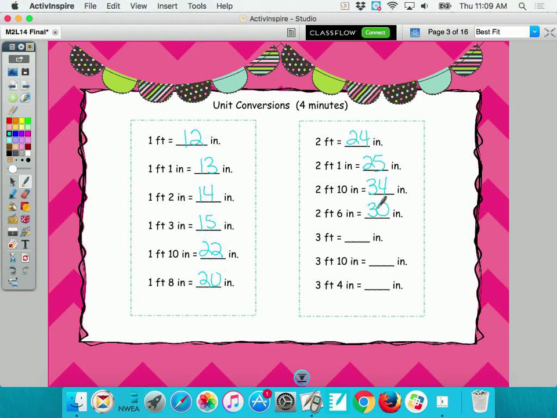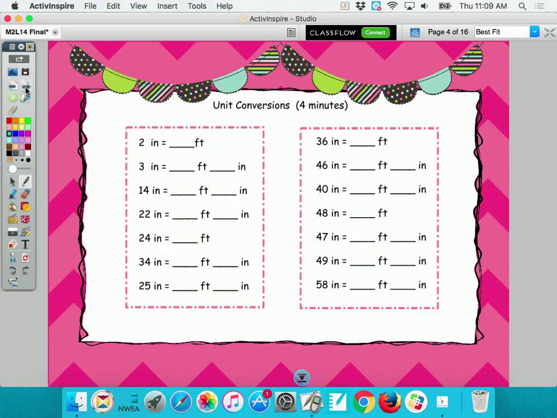Okay. 3 feet. 36. Oh, you know your 12s? Yeah. Okay. 3 feet plus 10 inches. 6. Awesome. 3 feet plus 4 inches. 40. Okay. The next activity is a little different.